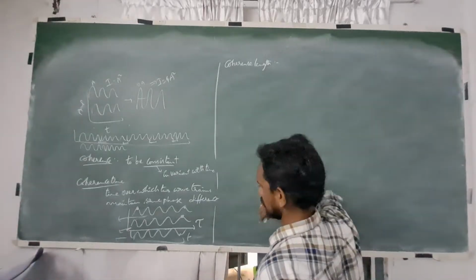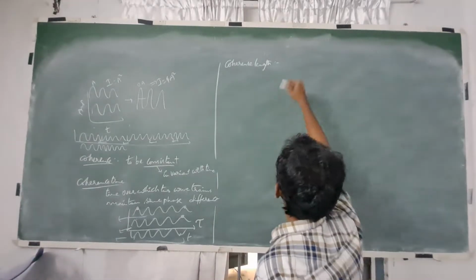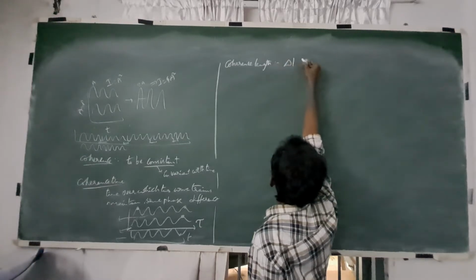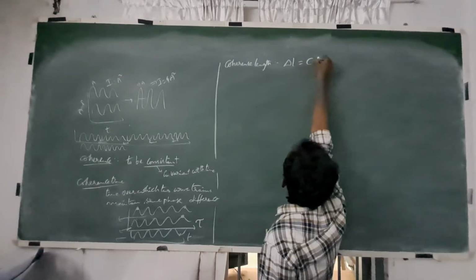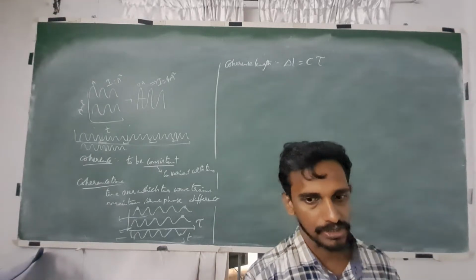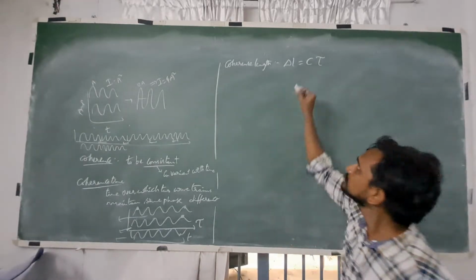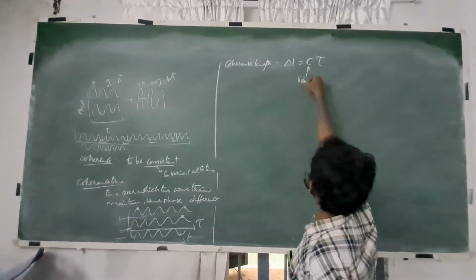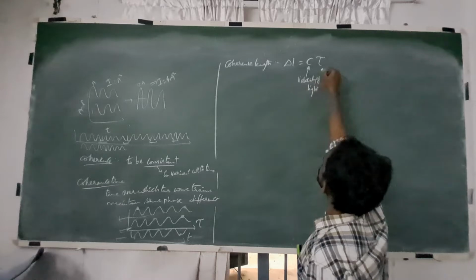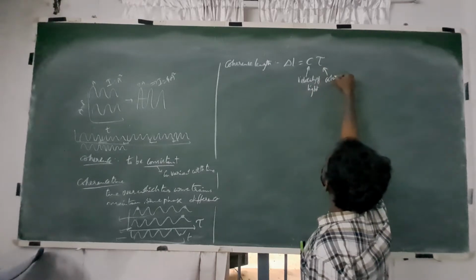Coherence length, I call it as delta L. It is c times tau. C is velocity of light. This is coherence time.